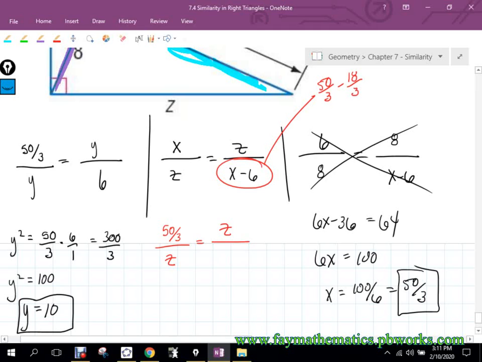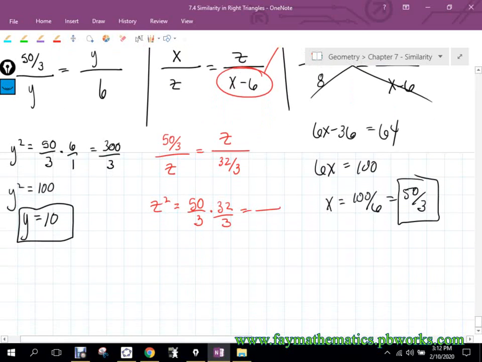And that ends up being 32 thirds. So you get that. So when I cross multiply, you get z squared equals 50 thirds times 32 thirds.